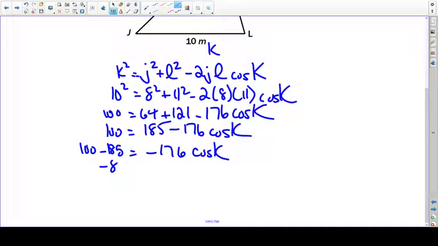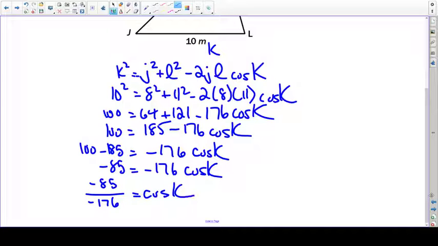We get negative 85 equals negative 176 cosine of K. So when we figure out what negative 85 divided by negative 176 is, that represents the cosine of angle K.